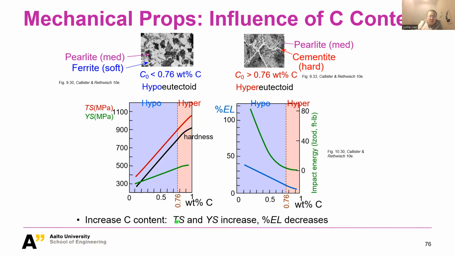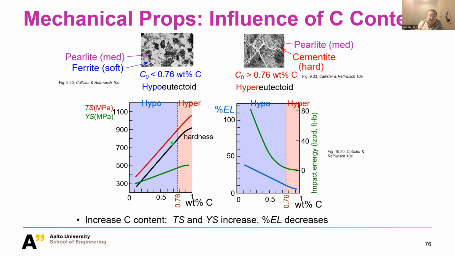Now with the knowledge about phase transformation, you know 0.76 is an interesting carbon composition because it corresponds to the eutectoid composition. Below it's hypoeutectoid and above is hypereutectoid. For hypo, you have the microstructure of pearlite and ferrite, and for hyper, you have pearlite and cementite.